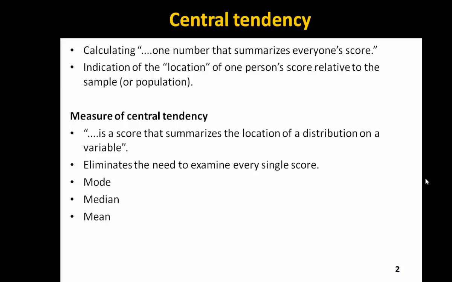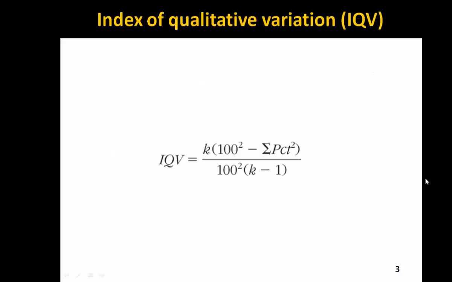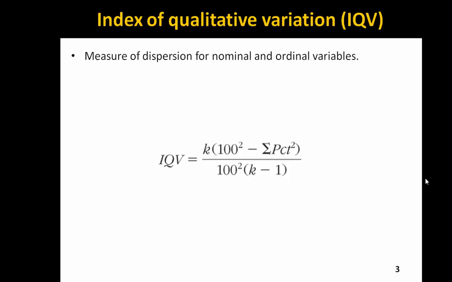But before we get to these more traditional quantitative measures of central tendency, I want to first begin with something referred to as the index of qualitative variation. And this is a way to track the dispersion or the variability when we have nominal and ordinal variables.